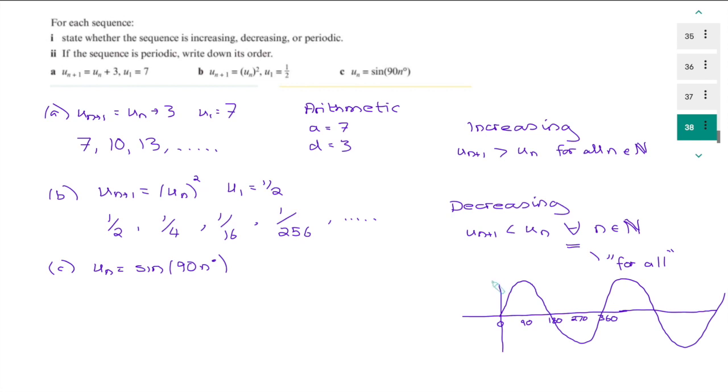What's this value here? Maximum of 1, minimum of -1. So this is our sine curve, y equals sine of x. Okay, so when n is 1, so we've got sine 90, we've got 1.